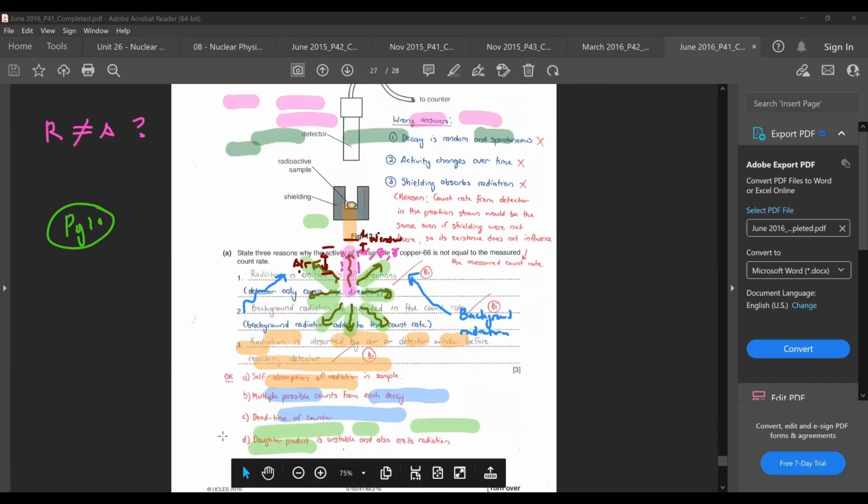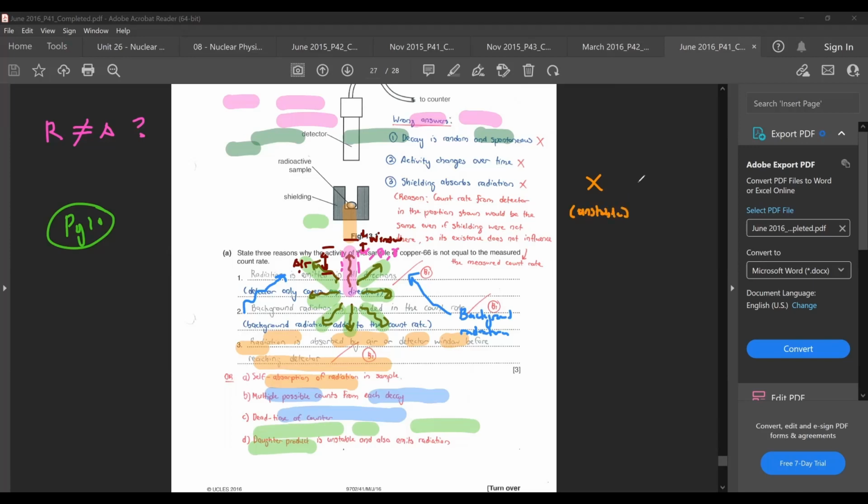So the one in red that most probably is understood well is this. If you have an element X which is unstable, it could decay into element Y, which is also unstable. But in the process of it decaying from element X to element Y, it already emits radiation, alpha, beta, and gamma.